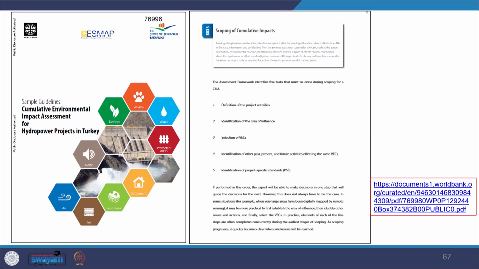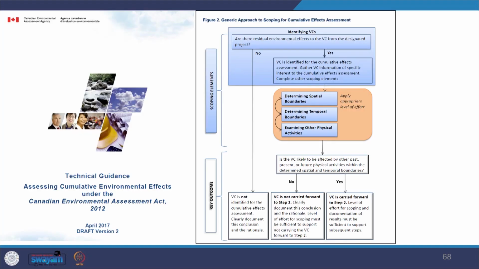And then you need to find out the past, present, and future activities, not all the activities, but the activities which will be affecting the VECs, and then identification of project-specific standards. So related to that, what standards will be involved. So this is as per the sample guidelines.